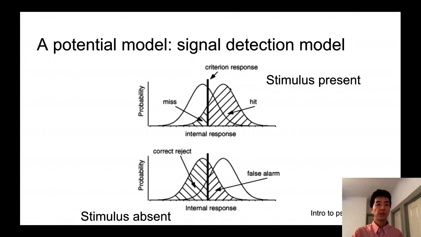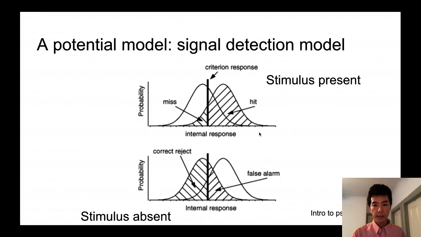And then suppose that you have a model in which, as a function of the stimulus strength, your response increases, and your response distribution looks like a normal or Gaussian distribution. If you say yes only when you think that the internal response exceeds a certain criterion, then that corresponds to the hit trial.